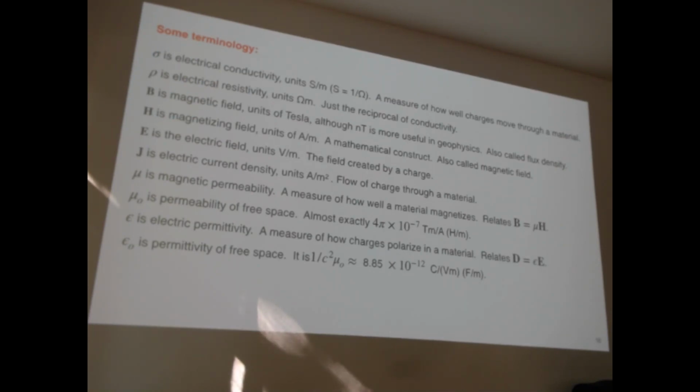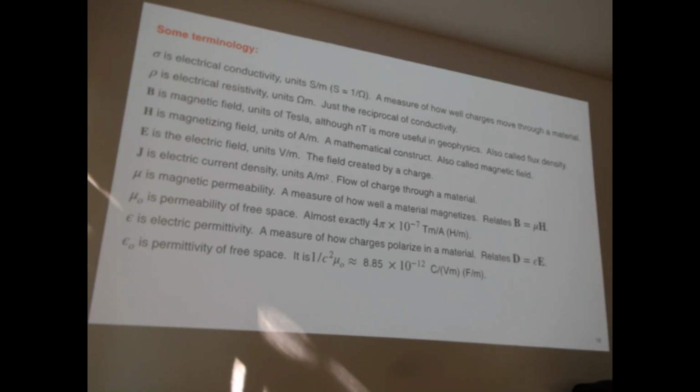Magnetic field is B. It's measured in Teslas, but the Tesla is a big magnetic field, and for geophysics, most people use nanotesla, 10 to the minus 9 Teslas. B is sometimes called magnetic flux density. And then there's this thing called H, which I call the magnetizing field. It has units of amperes per meter. It's basically a mathematical construct.